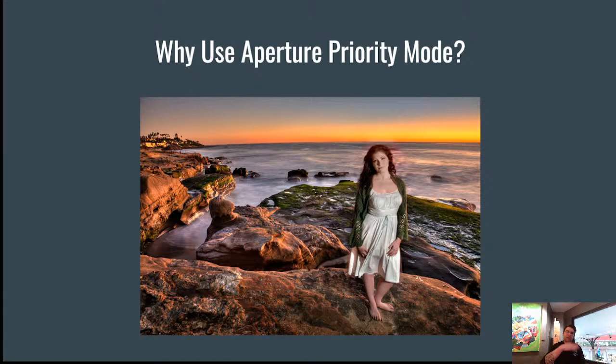So in a case like this photo that I have, for example, we have this lady, she's standing in front of a beautiful sunrise or sunset with the water behind her, a tiny village in the background. So using something like an aperture priority setting would be a really nice feature to something like this type of photo.